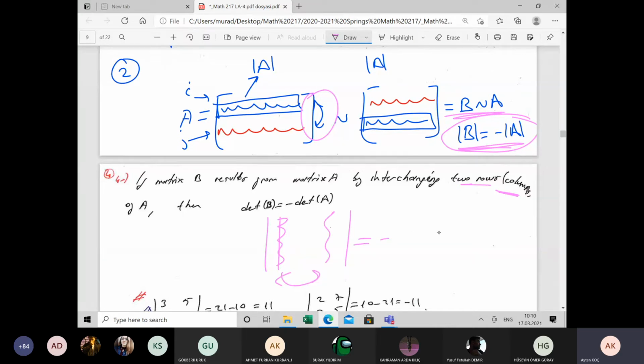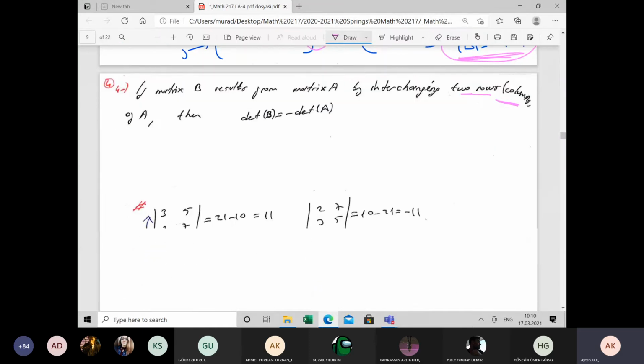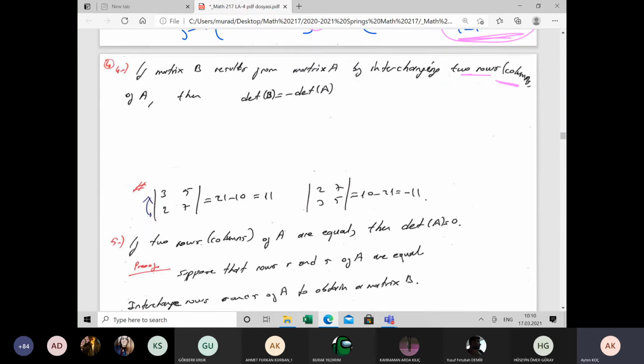Let's see that this property is valid for matrices. Take a simple example and compute this determinant, which we know how to compute. Here we interchange the first row and second row, so we obtain this matrix. But you don't have to compute this determinant, because we know the property: if this one is 11, then this one should be minus 11.